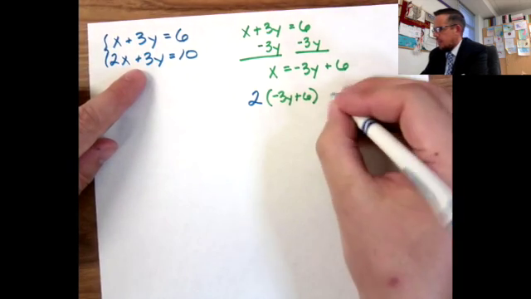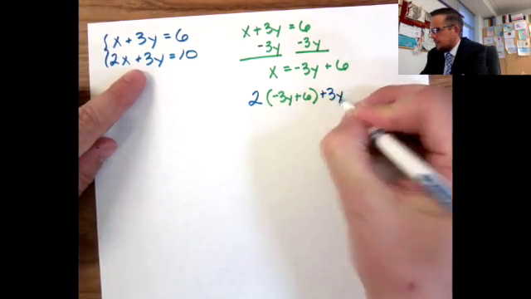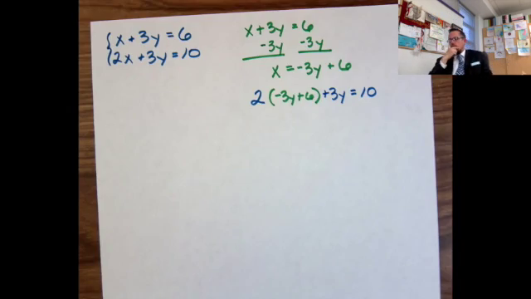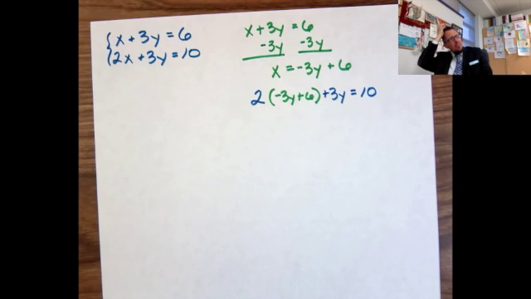Everything else will be the same. Plus 3y equals 10. Now the equation that we came up with is pretty gross, but it does have one giant advantage. It's all y's. No x's involved.